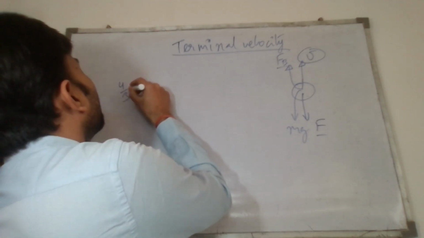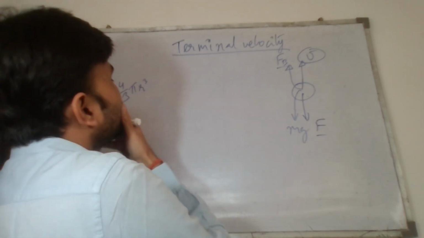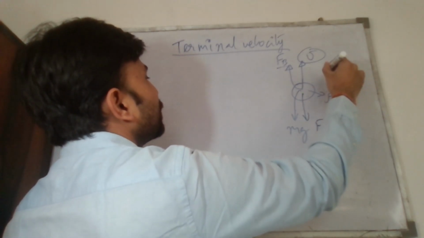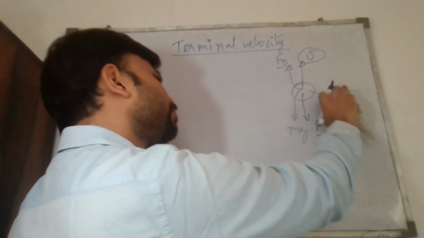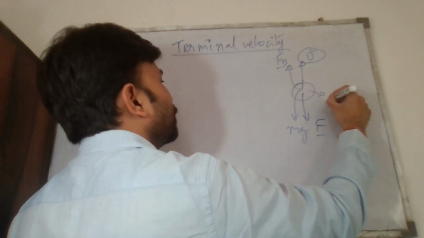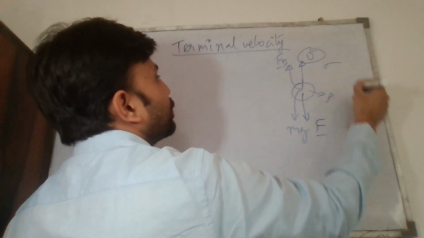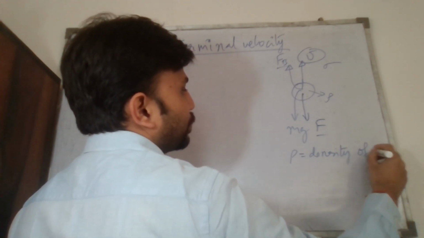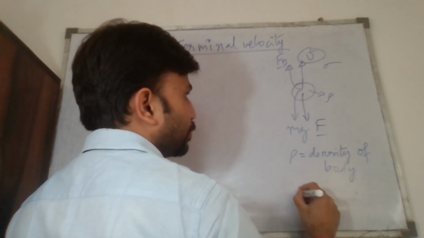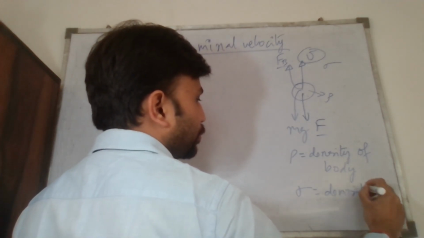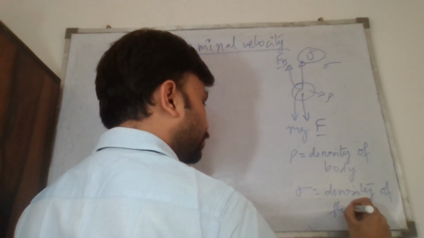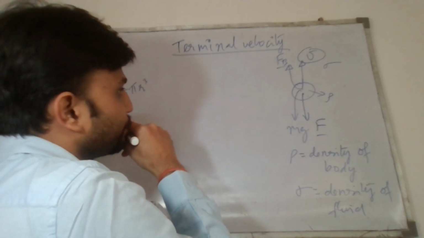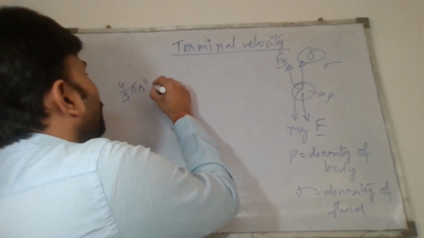So we'll say 4 by 3 pi r cube, density of the fluid is some sigma. So the buoyant force is 4 by 3 pi r cube sigma g.